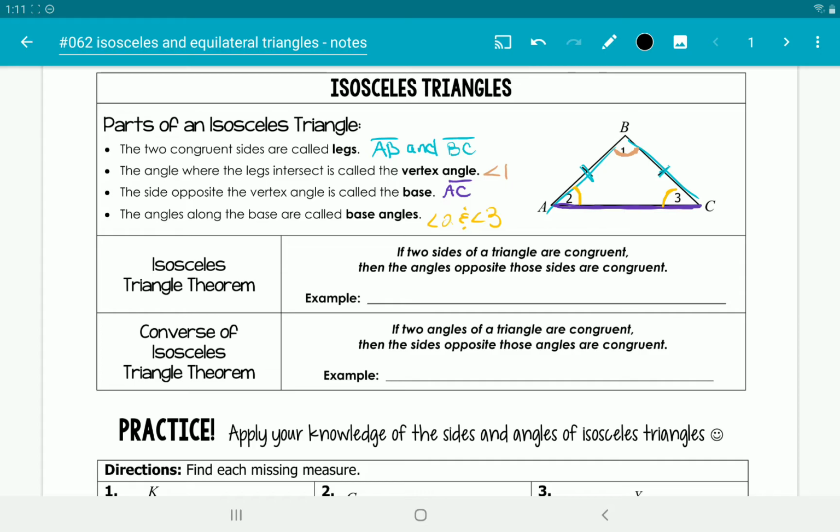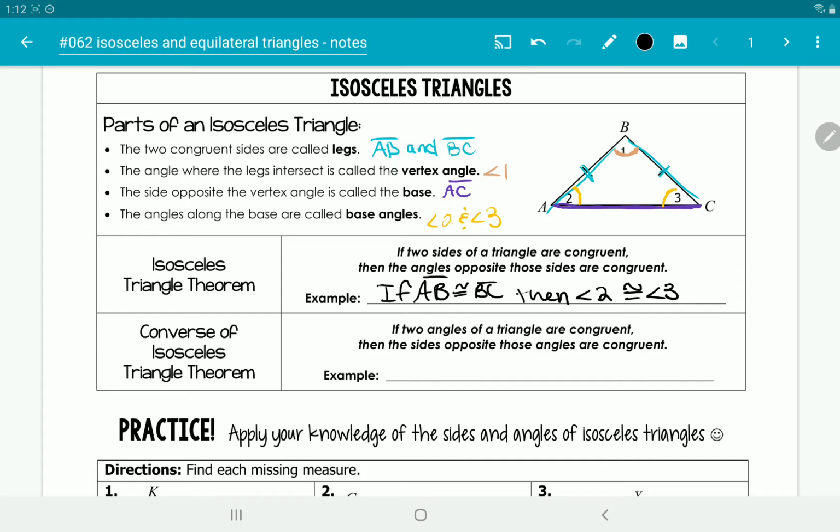So we have, if AB is congruent to BC, so if the two sides are the same, then angle 2 is congruent to angle 3. So they have the same measure. We can do the same thing with A and C, however you want to do it.